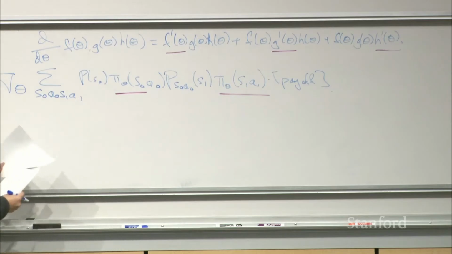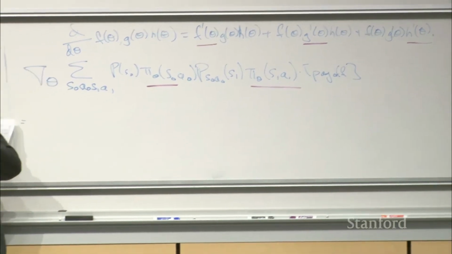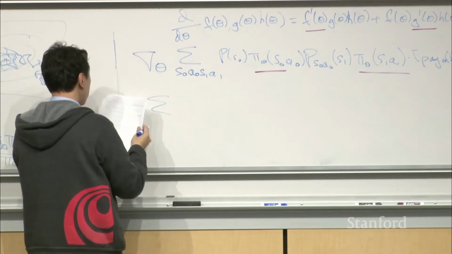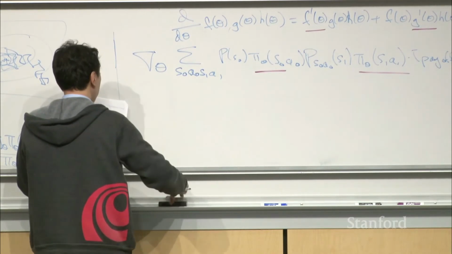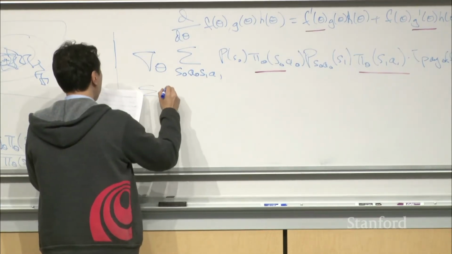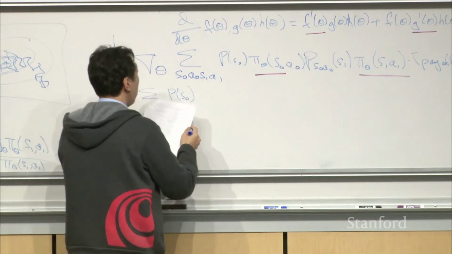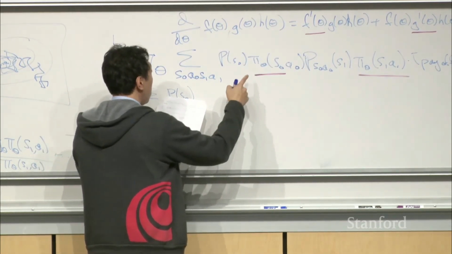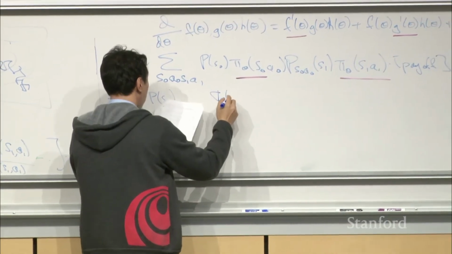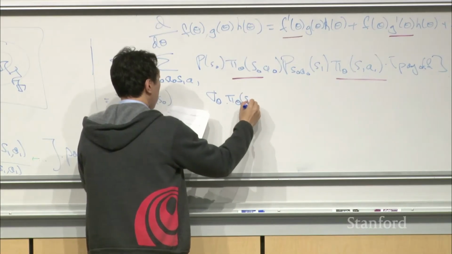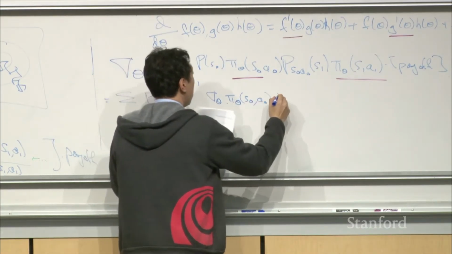And so this derivative is equal to, so the first term is the sum over all the state action sequences P of S0. And then, let's see. So now we'll have pi of theta, the derivative with respect to pi theta S0, A0.